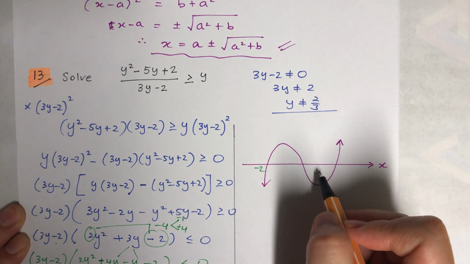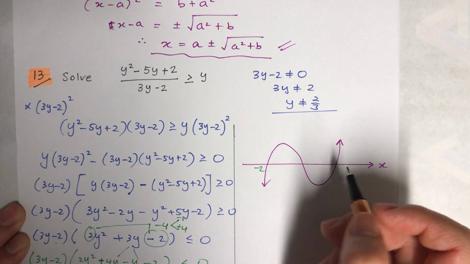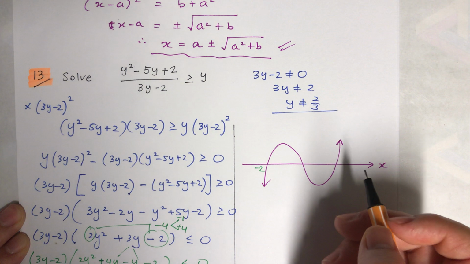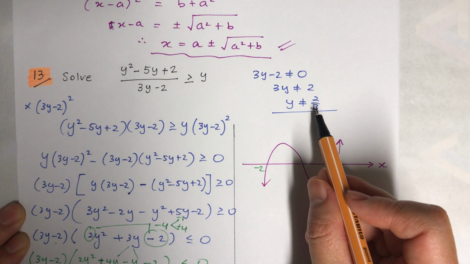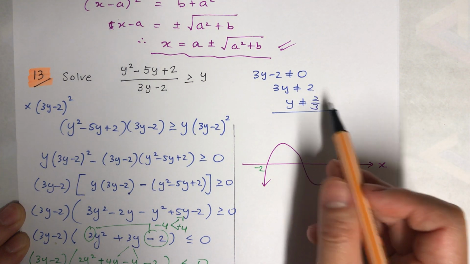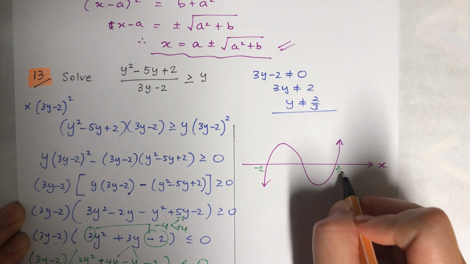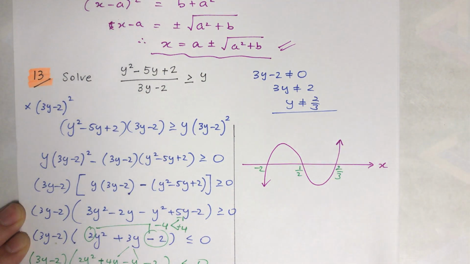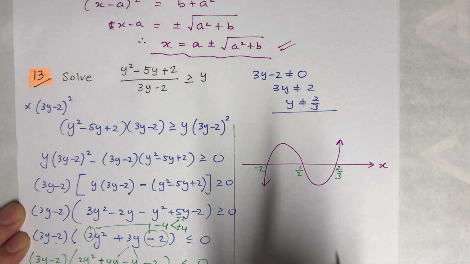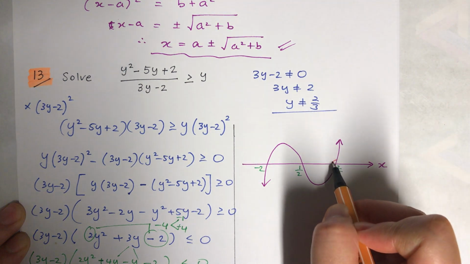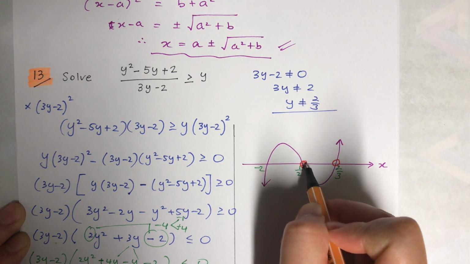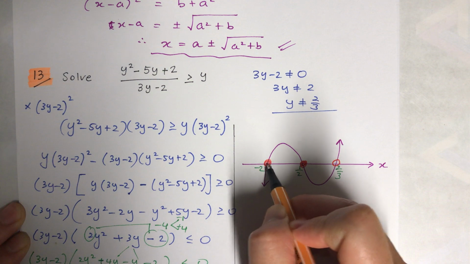Now, which one is half, which one is 2 over 3? 2 over 3 is bigger than half, because what's half of 3? It's 1.5. It's already 2. It's bigger than half. So 2 over 3, half. And then what I've got is that's open, that's closed, that's closed.